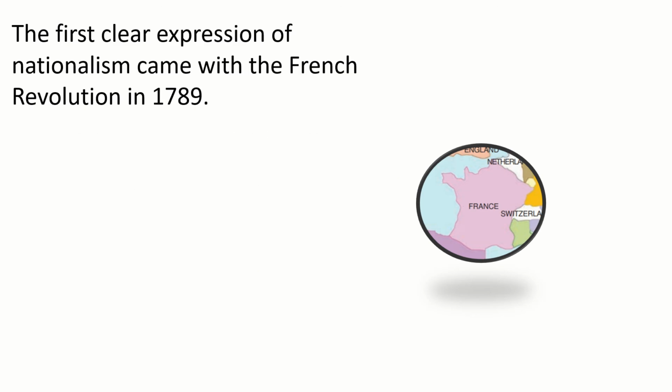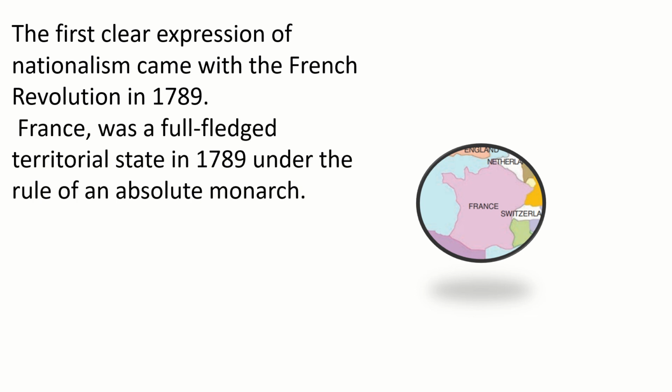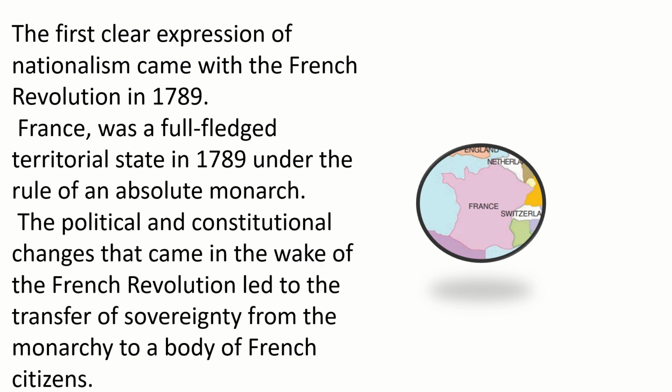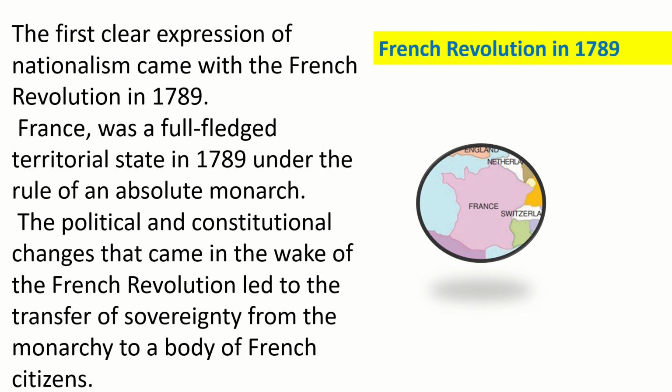The first clear expression of nationalism came with the French Revolution in 1789. France was a full-fledged territorial state in 1789 under the rule of an absolute monarchy. The political and constitutional changes that came in the wake of the French Revolution led to the transfer of sovereignty from the monarchy to a body of French citizens.